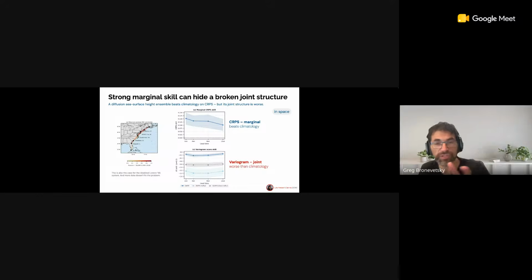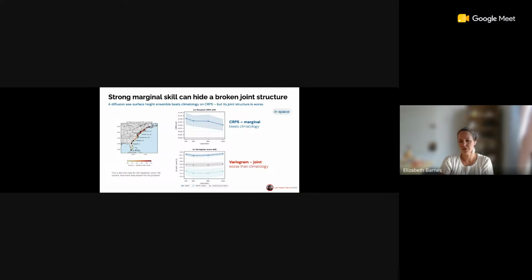So can you separate the joint versus climatology? Because climatology includes, are you saying just them one at a time, their averages? Yeah, so when we say climatology here, it's what would happen on average. And that's always our baseline. We want to be able to beat that. This is a score trying to get at how well the model has the different stations vary together.